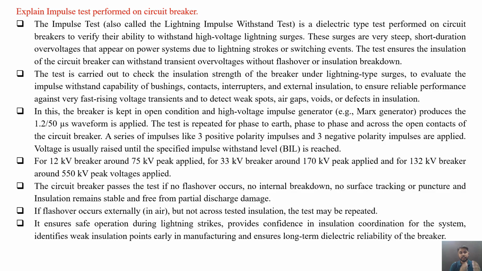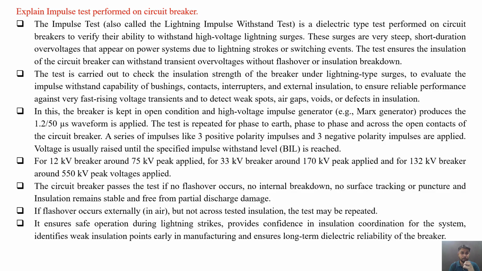In this, the breaker is kept in open position. The high voltage impulse generator, that is a Marx generator, produces the 1.2/50 microseconds waveform, that is the standard impulse waveform, which is applied. The test is carried out and repeated for phase to earth, phase to phase and across the open contacts of the circuit breaker.